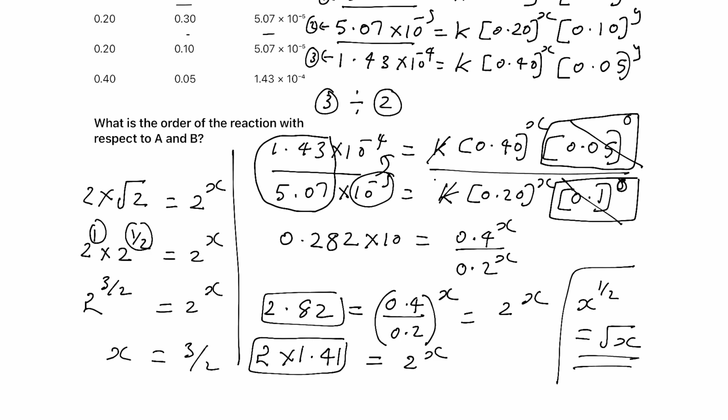So we get the order in terms of A, that is 3 by 2. In terms of B, that is 0. Total order is 3 by 2 plus 0, that is 3 by 2. Clear? Order with respect to A: power of A is x and x is equal to 3 by 2. 3 by 2 is 1.5.